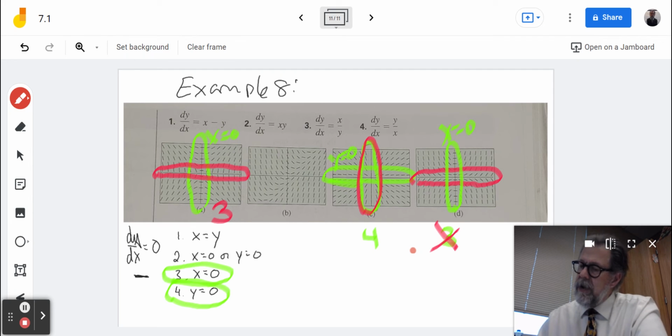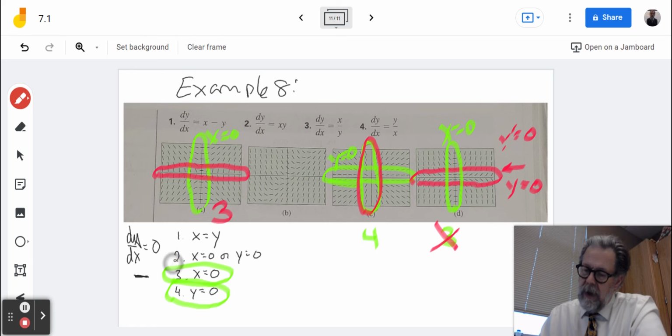That is not number 3. Because now what we see coming back here is that the slope is going to be equal to 0 along the x-axis, y equals 0. Well, when they're both 0, hey, look at that. There's my number 2.